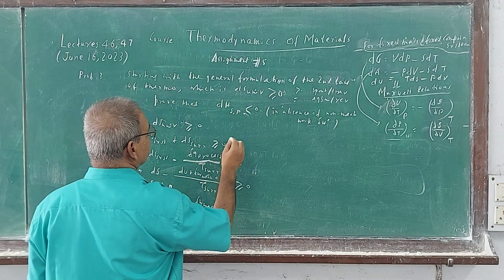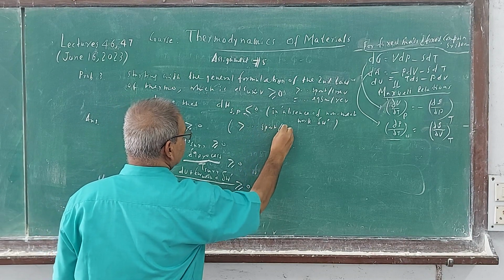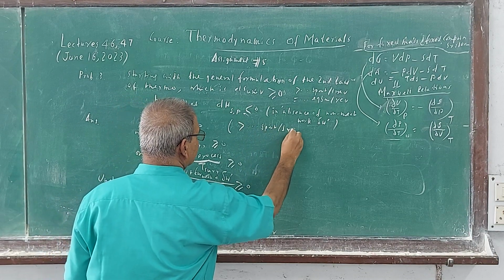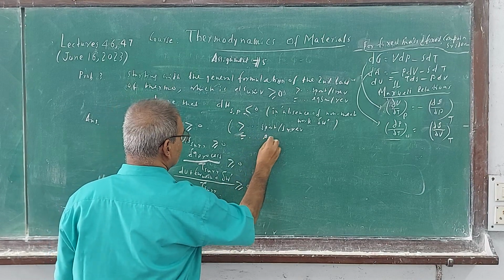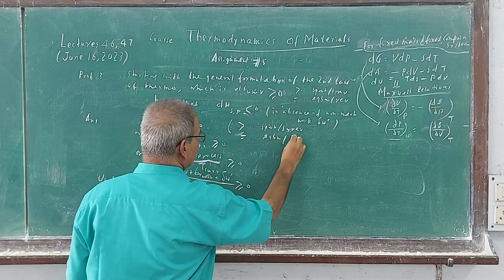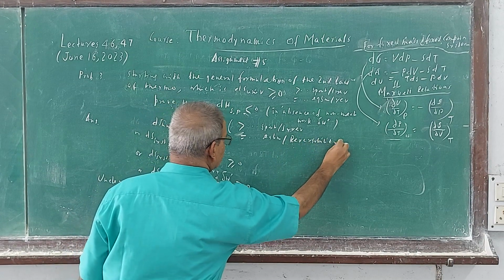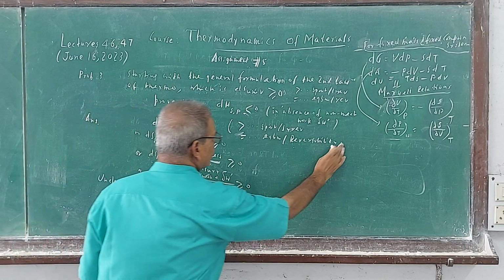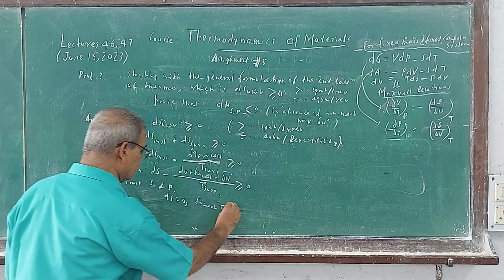You write here again: spontaneity, irreversibility, once more. At the top, first line, and the equals sign is equilibrium and reversibility. So all these things you can write always. It continues. dW mechanical is PdV.